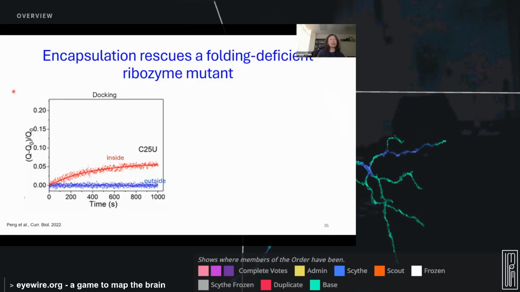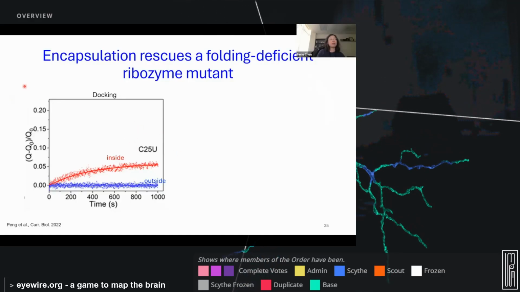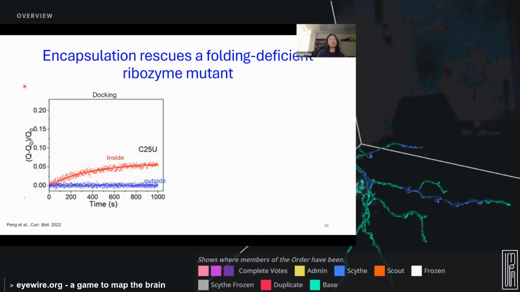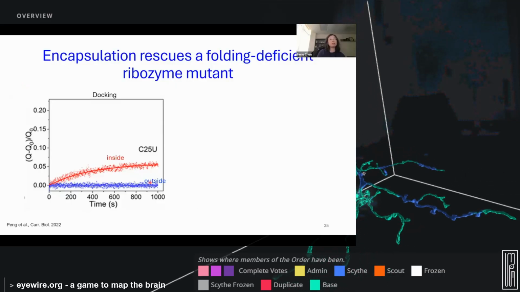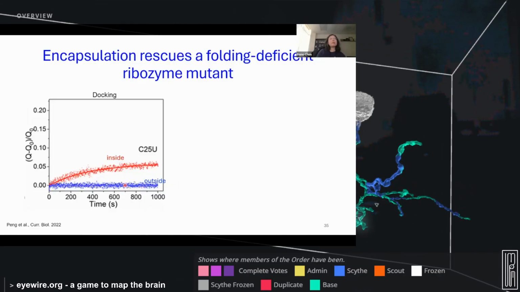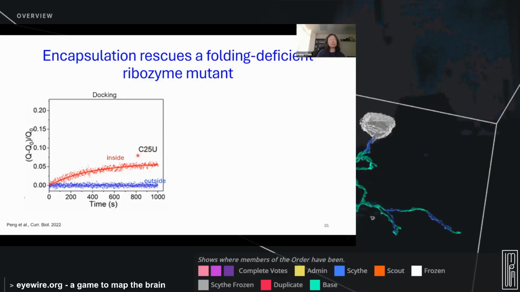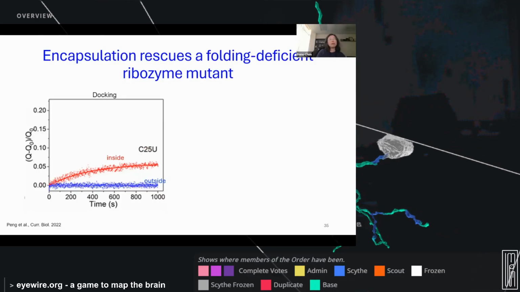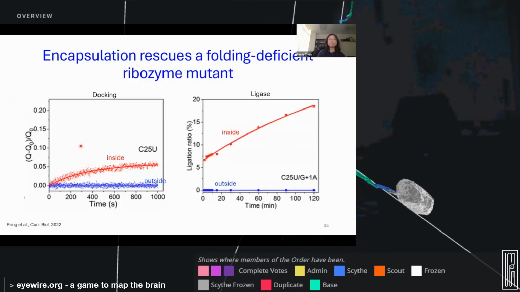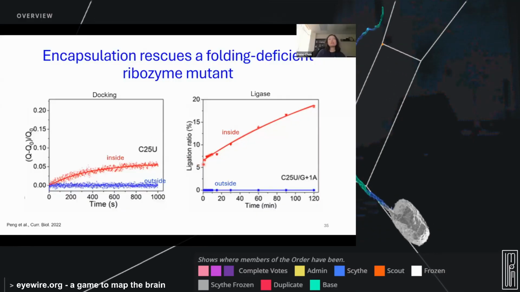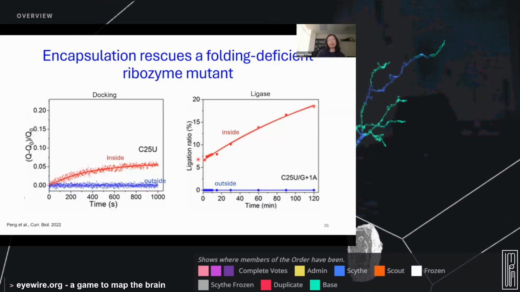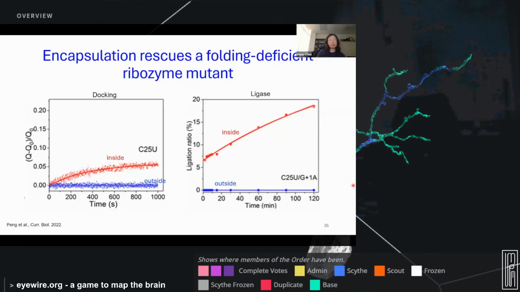Here we have a mutant, C25U, of the hairpin ribozyme that is normally docking deficient. It's a folding deficient mutant that normally shows this blue line, being unable to dock. But if you encapsulate this mutant, you can rescue some activity. You can see there's some docking because the mutant has been encapsulated. And this translates into some ligation happening inside vesicles, but not outside vesicles.